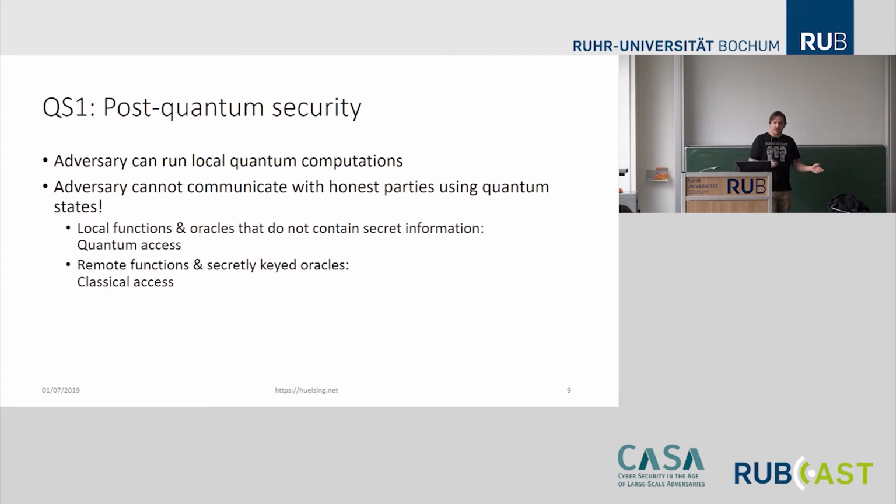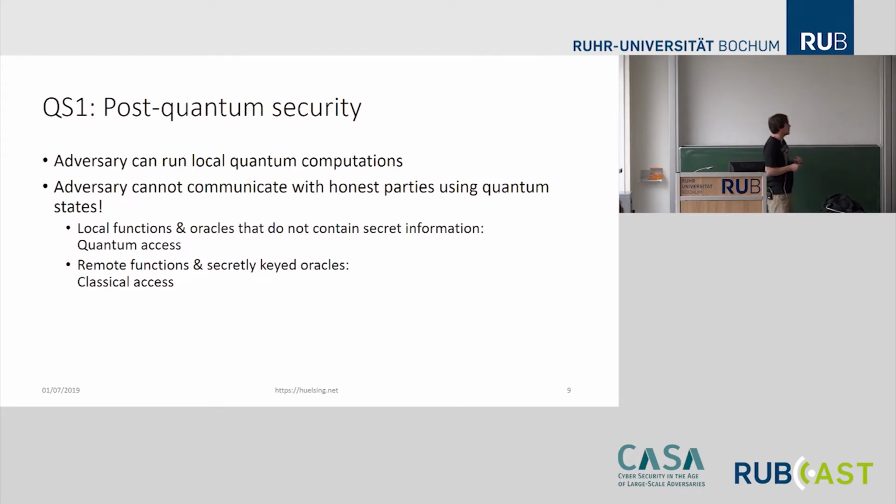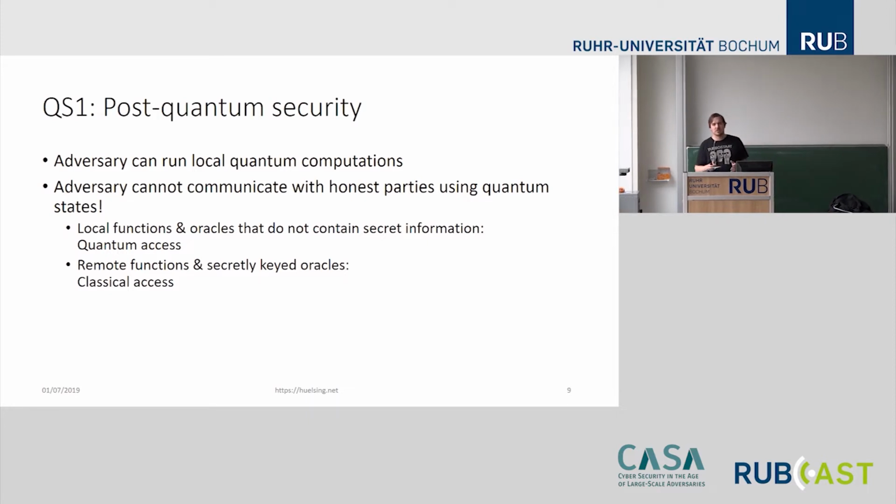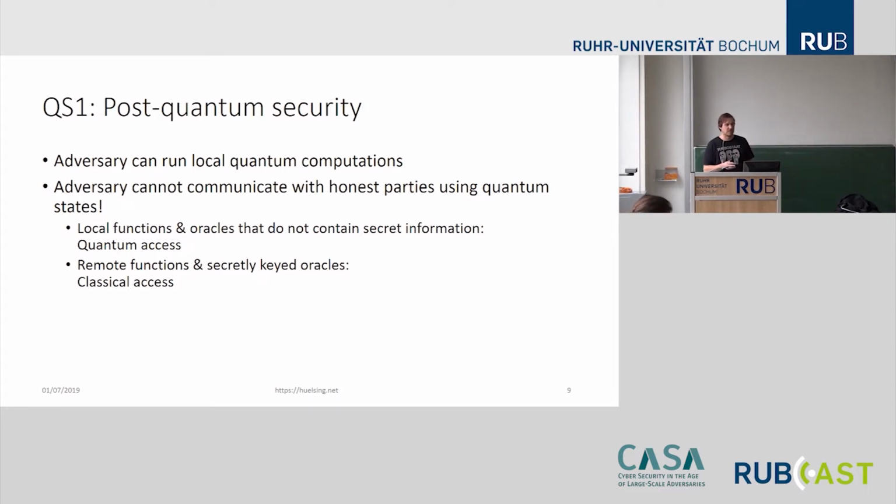However, if we start to use idealized models, like the random oracle model, then these model things that the adversary would usually implement locally on its computer, in this case on its quantum computer, which means we have to give the adversary the ability to actually query these functions in superposition, so using quantum states.